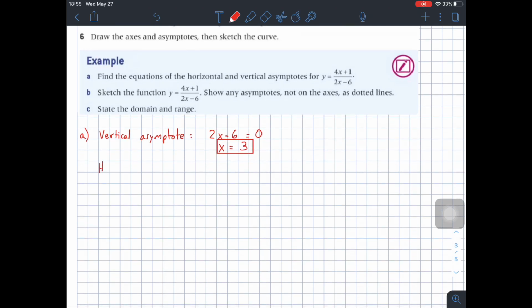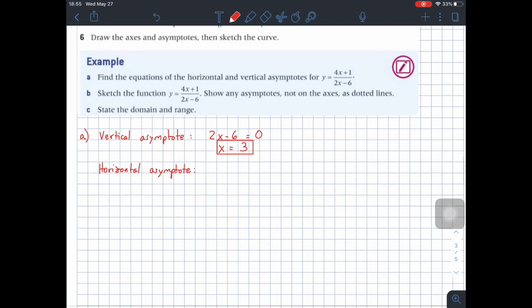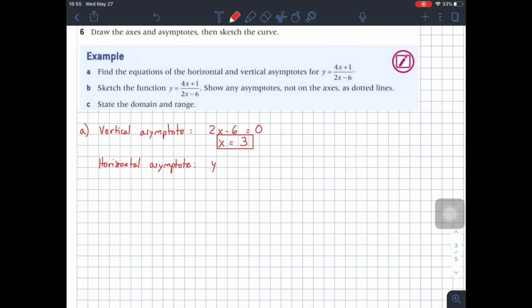Then, if we want to find the horizontal asymptote, remember the rule. When we have a rational function, it's the coefficient in front of the x in the numerator divided by the coefficient in front of the x in the denominator. So this would be y equals 4 divided by 2, right? Which is equal to 2.